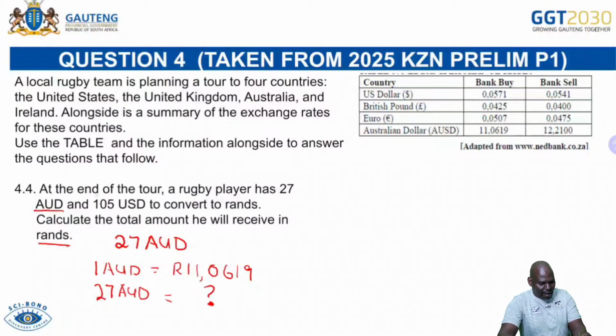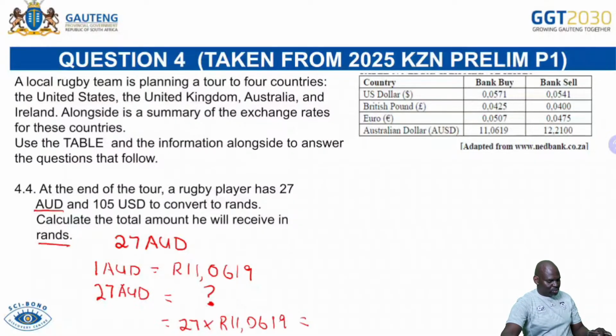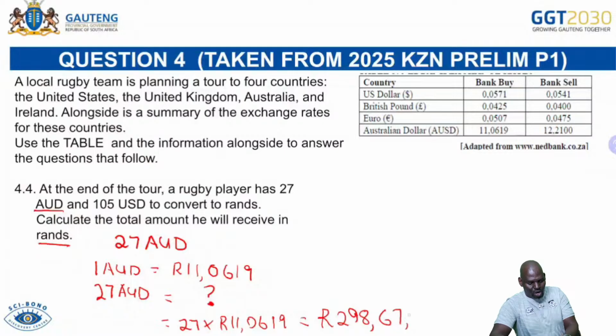We say the 27 now will become 27 multiplied by 11.0619, which, if you take our calculator, is 298,6713.